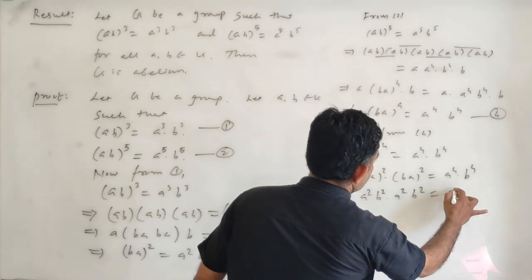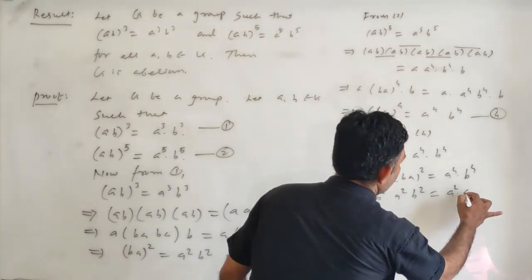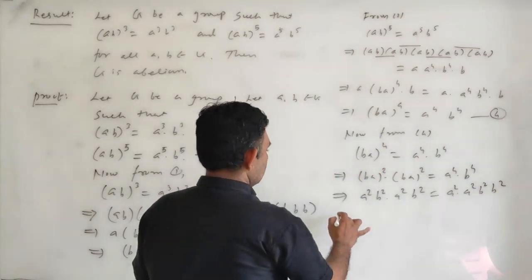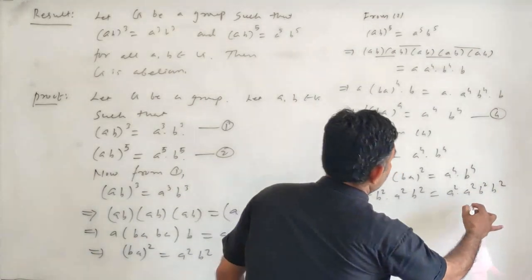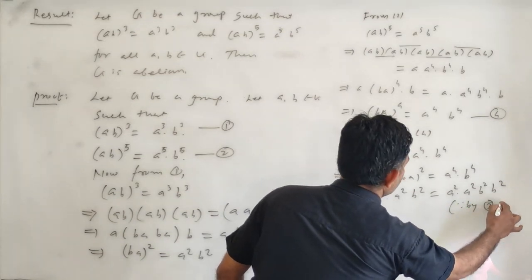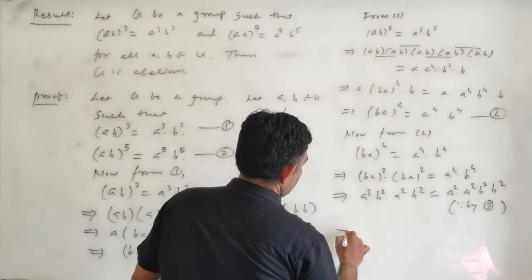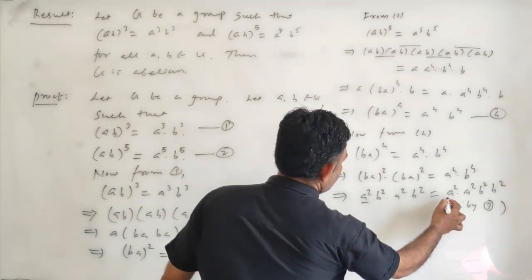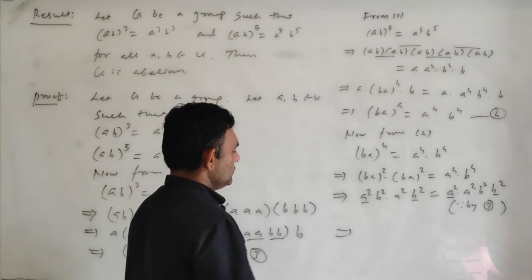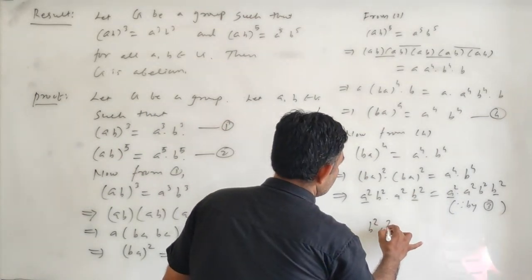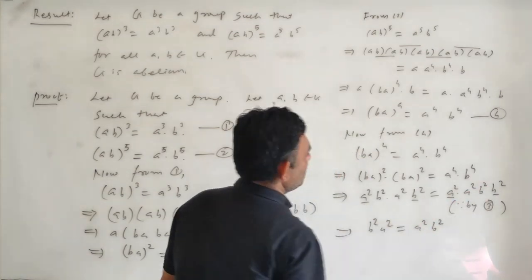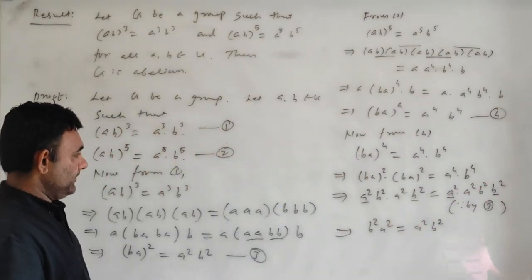So it is A^4 is A^2 into A^2 B^2 into B^2. Here I am using result number 3. So here I can cancel A^2 and B^2 by cancellation law. So I am left with B^2 A^2 equal to A^2 B^2.